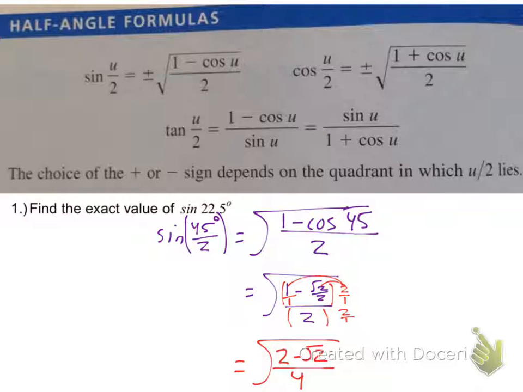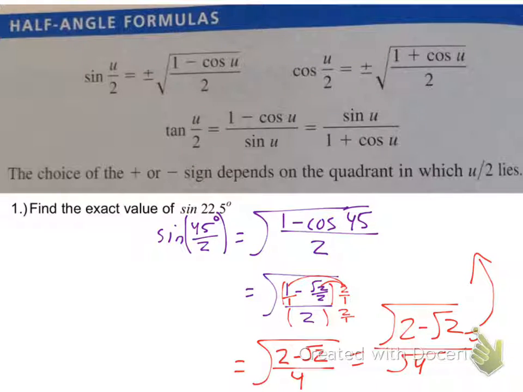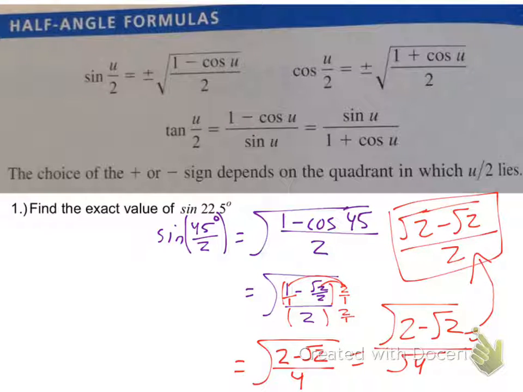So at this point, I'm just going to square root the top and square root the bottom. And what's the square root of 4? I'm running out of room. I'm moving it up here. Square root of 2 minus the square root of 2 all over 2. That's your answer.